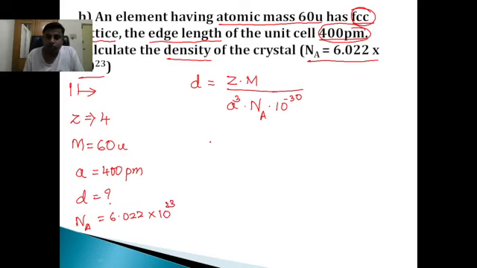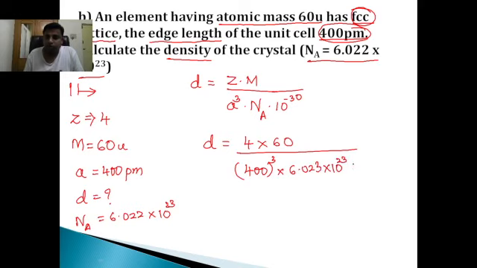So let us substitute everything. D is equal to Z is 4, atomic mass is 60, divided by A cube, which is 400 picometer, that means 400 the whole cube, into 6.022 into 10 to the power of 23 into 10 to the power of minus 30.